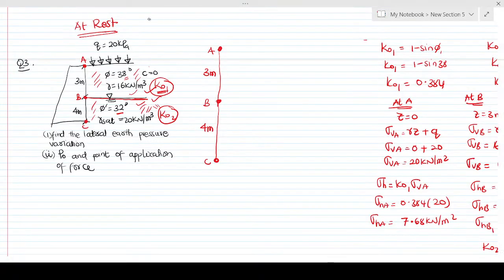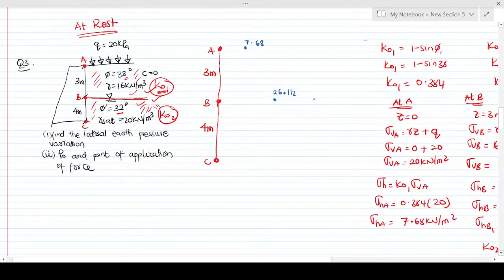Let me change the color to blue so we can see. At A this time around it wasn't 0, it was 7.68. Then at B1, that is the first B, it was 26.112.